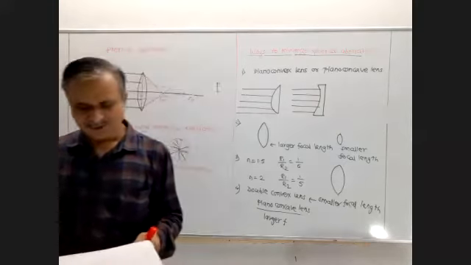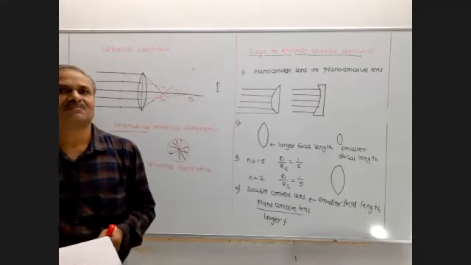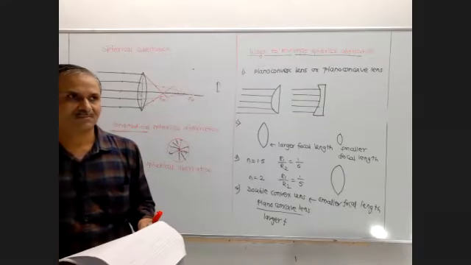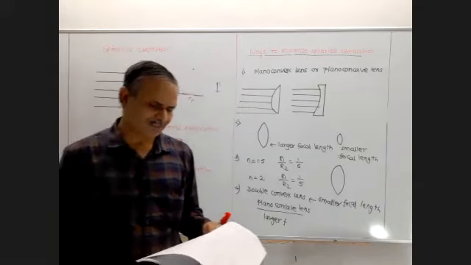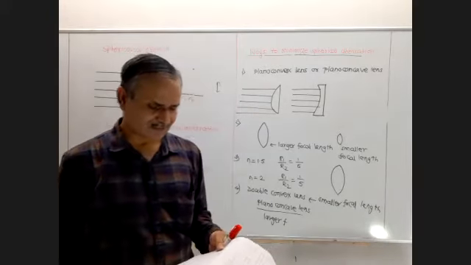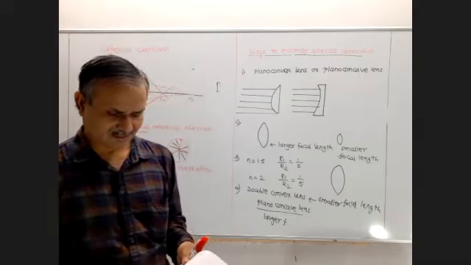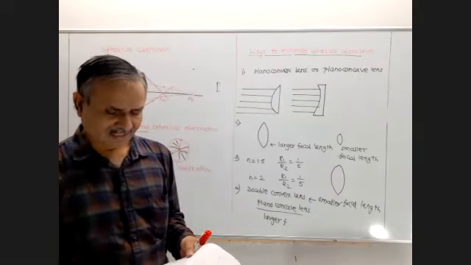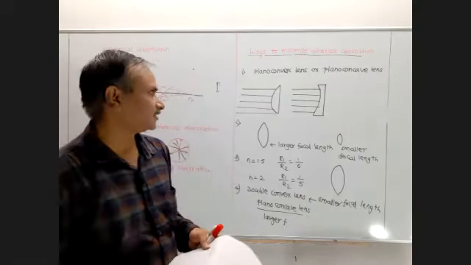The radius of this circle is called lateral spherical aberration.